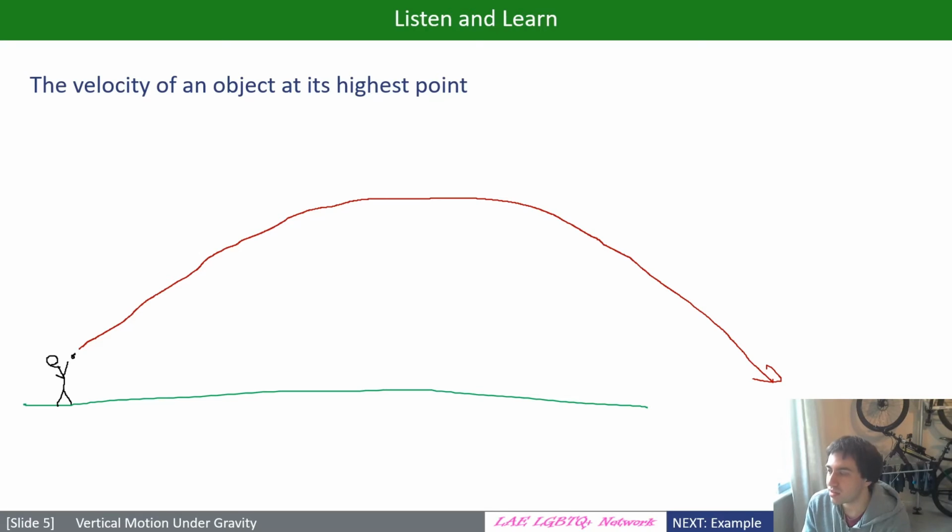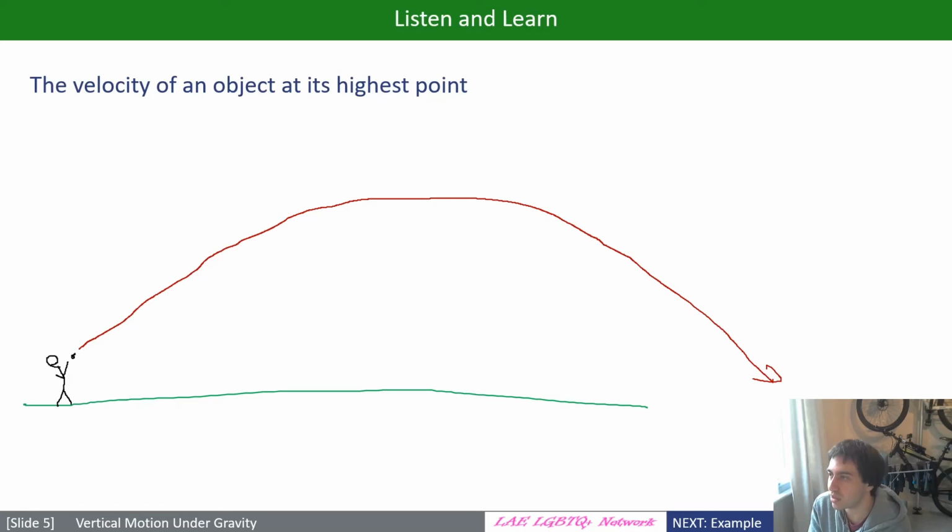Okay, so this is projectile motion, and we're actually not going to look at this quite yet, but we're going to look at a simpler case for which I then want to think about the velocity at the highest point, right? So at the highest point here, it's going to be going at some speed. I'm throwing it, it's here at the highest point, and it's got some sort of horizontal speed, effectively.